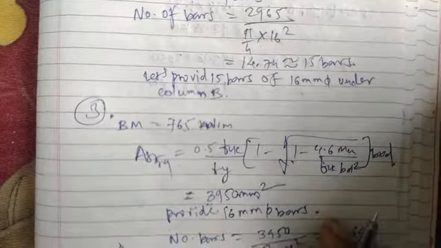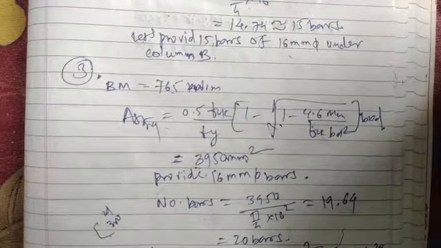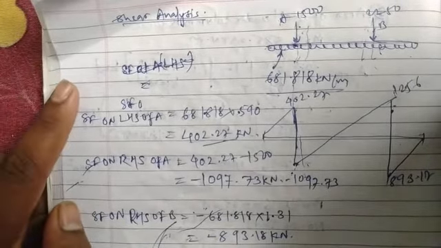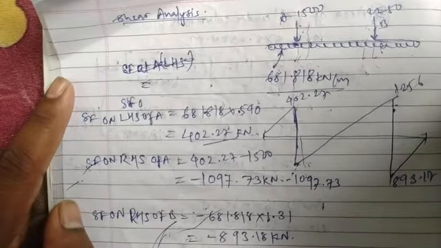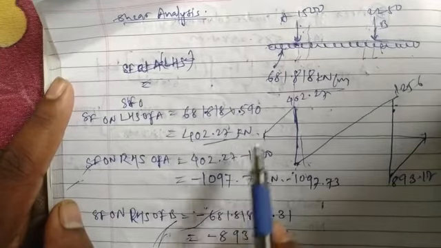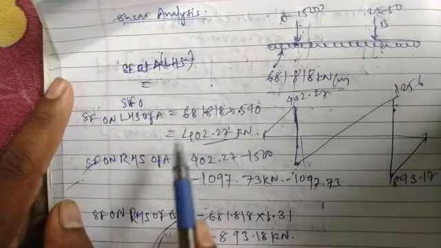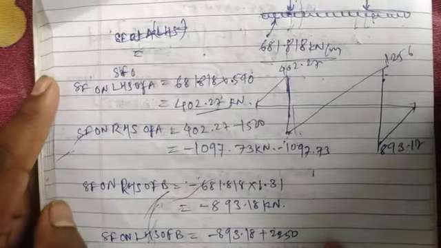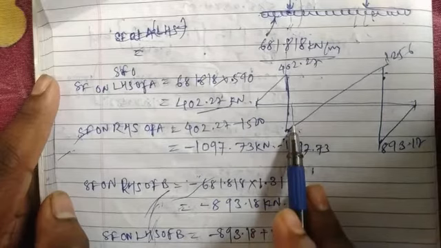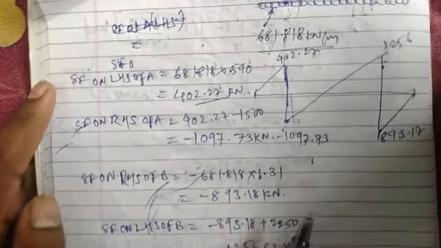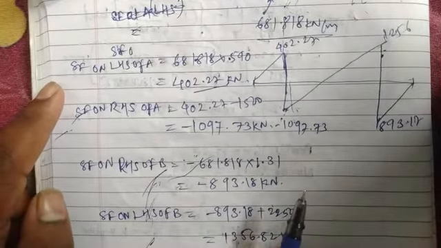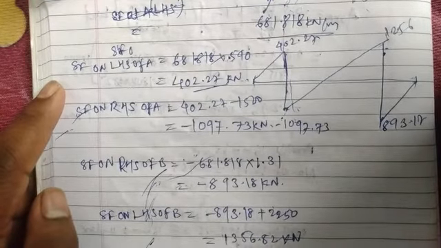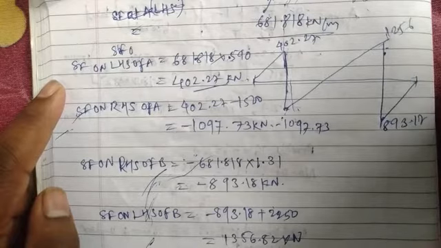We have calculated area of steel for this case also. Then at the end we have calculated the shear forces, which means we have done the shear analysis for the footing, and we have calculated the shear forces at various points or sections in the footing. So this was the shear force diagram after calculating the shear forces at various points. Now we'll see the next part in this video.